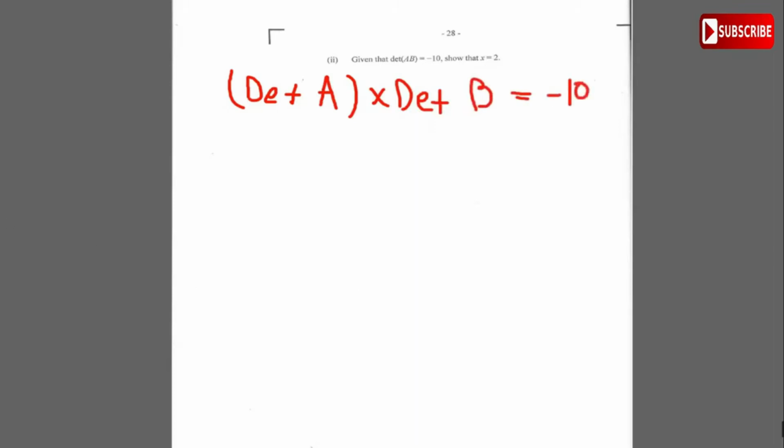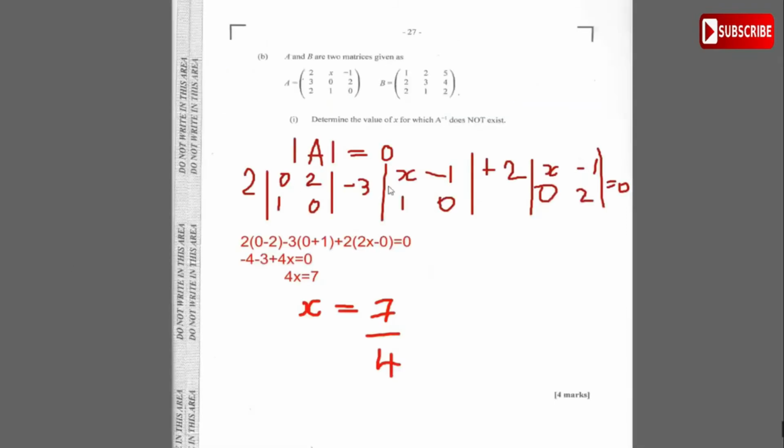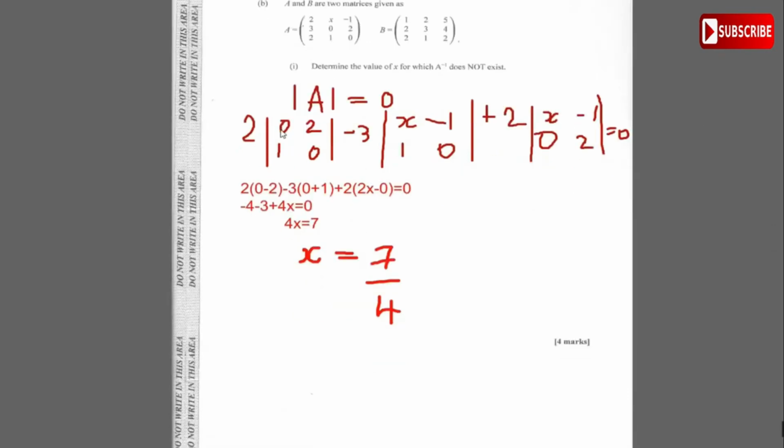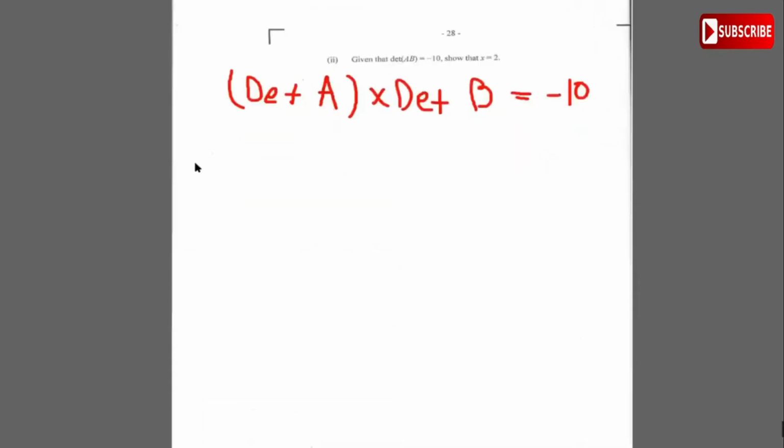Now, if you were to write this as a formula, the determinant of A would be given by minus 4.